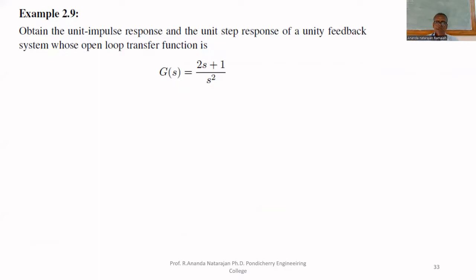Already we have seen some problems on time domain analysis. Now let us see few more examples. Obtain the unit impulse response. Unit impulse response. What is the input? Unit impulse response means R of S equal to 1.